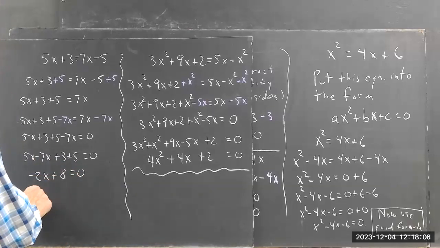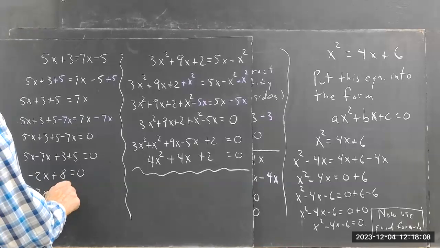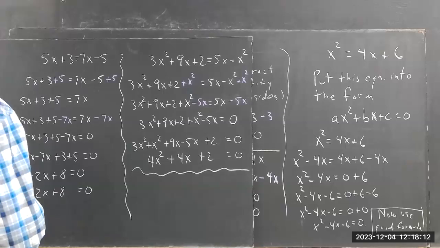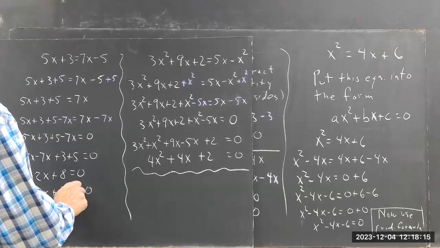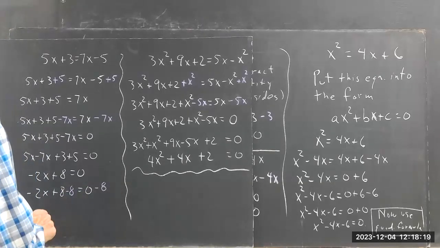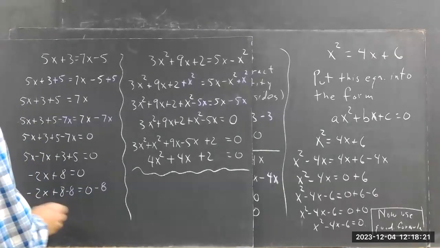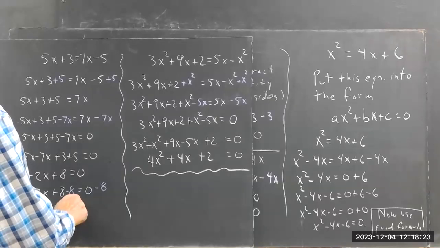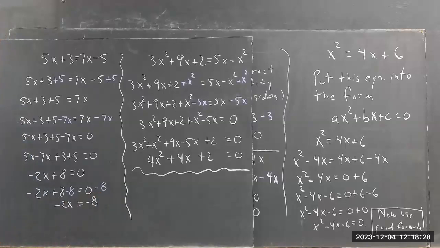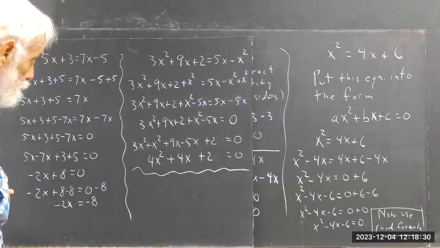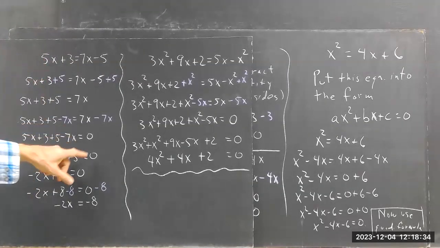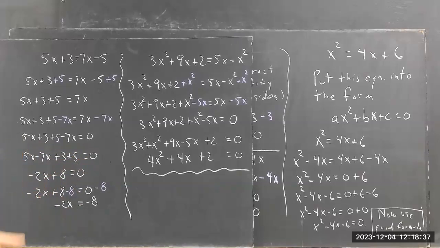We have minus 2x plus 8 equals 0, and we subtract 8 from both sides. And that gives us minus 2x equals minus 8. So even though we took some extra steps because we tried to get a 0 here, it's still going to be okay.